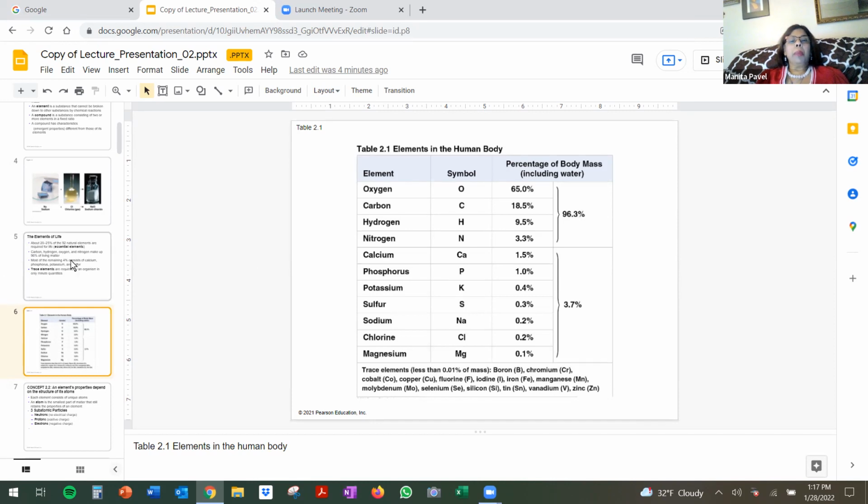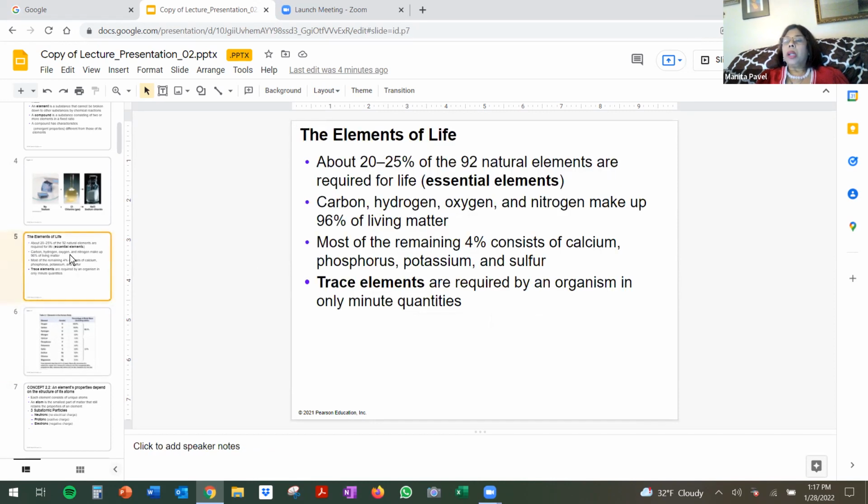So this is the periodic table that we looked at. But we know that of the elements of life, about 20 to 25% of all the 92 naturally occurring elements are called essential elements because they are required by living organisms.